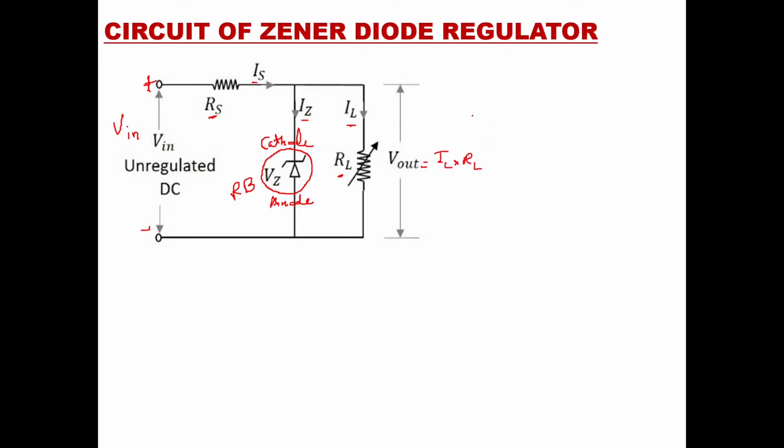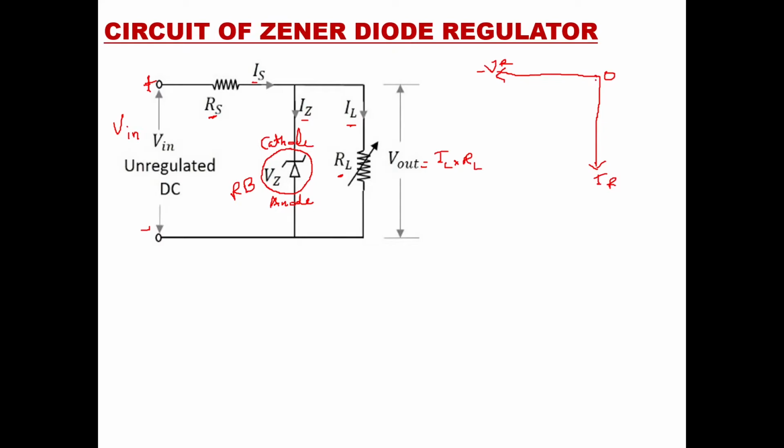Okay. Now here, the first thing you should know is the reverse bias condition of the Zener diode. If you see that condition which you have studied in semiconductor devices, this is the 0 point, this is the reverse voltage applied and this is the reverse current which is going to flow.